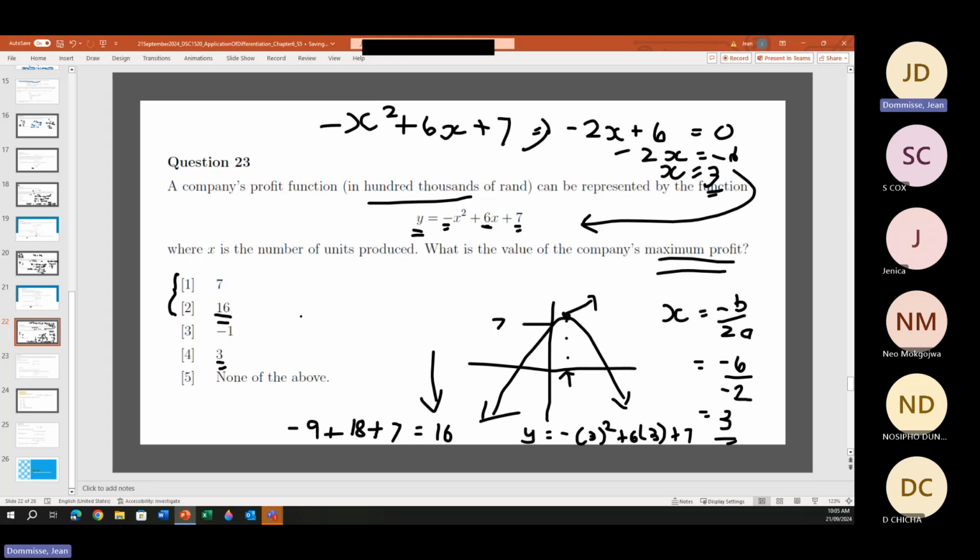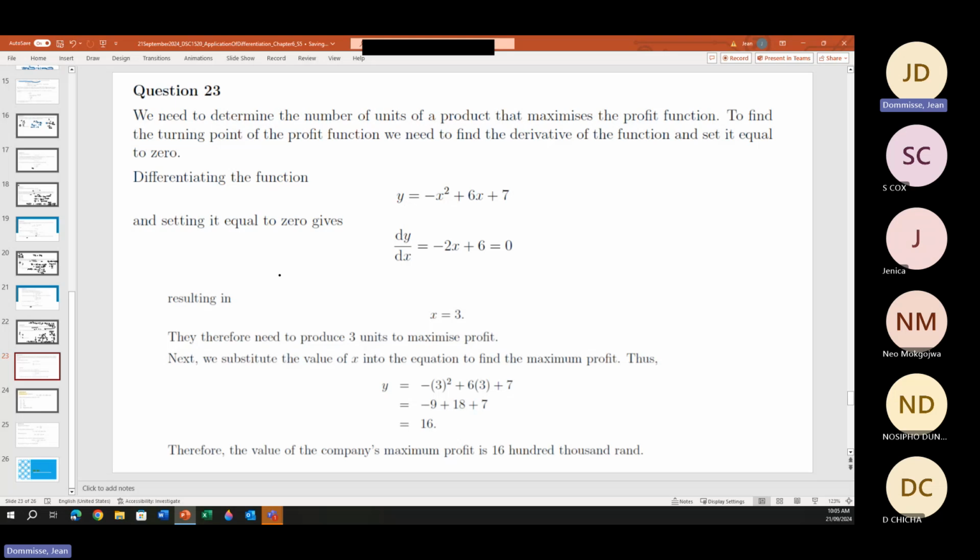Just because it is a quadratic, we are allowed to use this turning point function. When it's a cubic, you can't do it, so with a cubic we would automatically differentiate. So there you can see it doesn't matter which method you use for a quadratic function, it will give you the same answer.